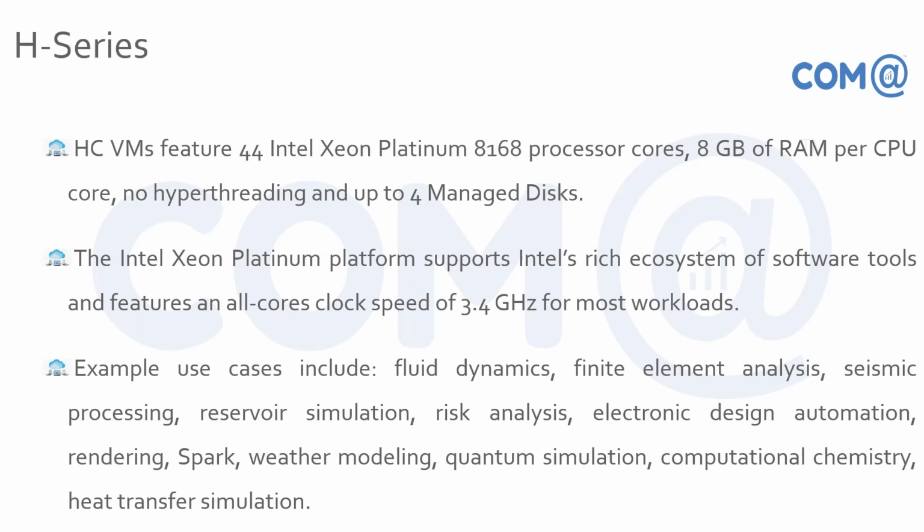The Intel Xeon Platinum platform supports Intel's rich ecosystem of software tools and features an all-core clock speed of 3.4 gigahertz for most workloads. Example use cases include fluid dynamics, finite element analysis, seismic processing, reservoir simulation, risk analysis, electronic design automation, rendering, Spark, weather modeling, quantum simulation, computational chemistry, and heat transfer simulation, etc.